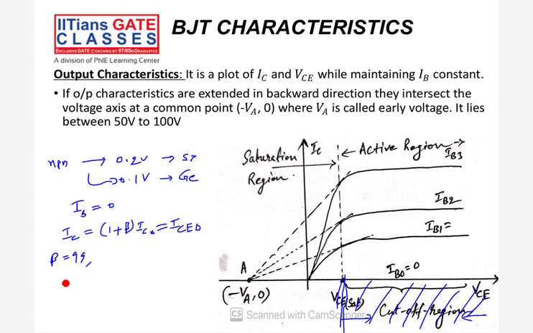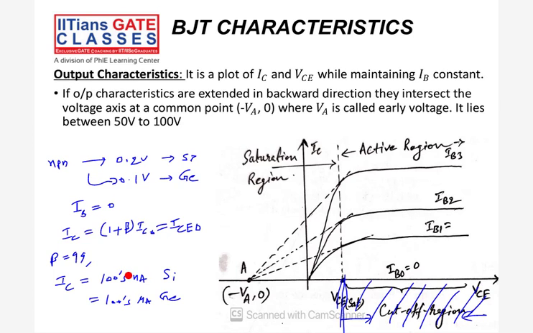For silicon, IC will be very small, hundreds of nanoampere, and for germanium it is hundreds of microampere. So the germanium value is not 0. Microampere means it has some reasonable value, and for silicon we can say it is negligible.